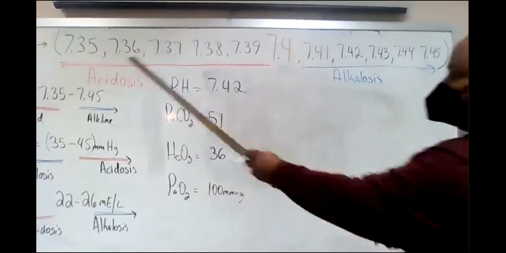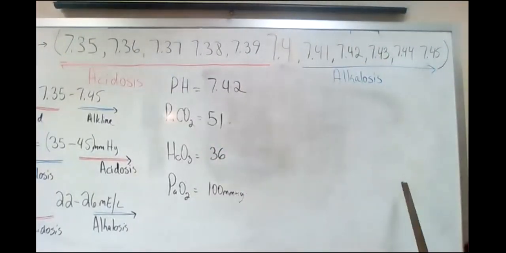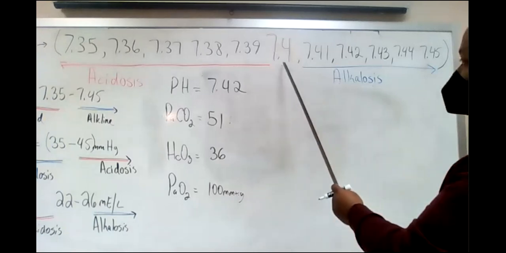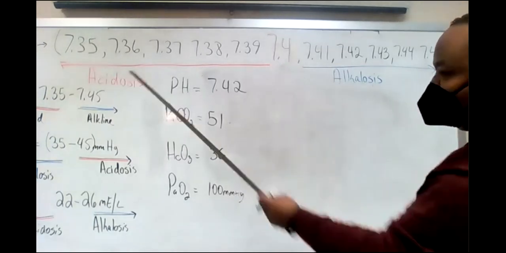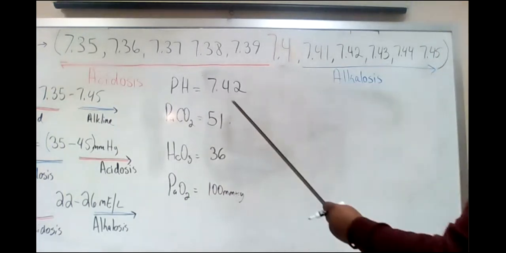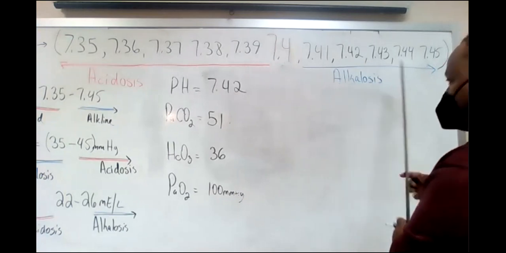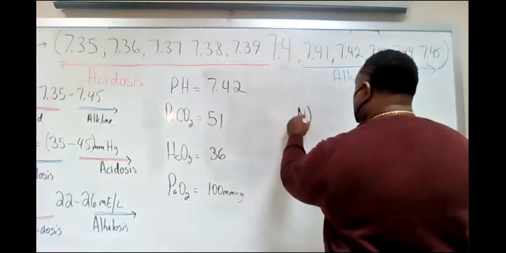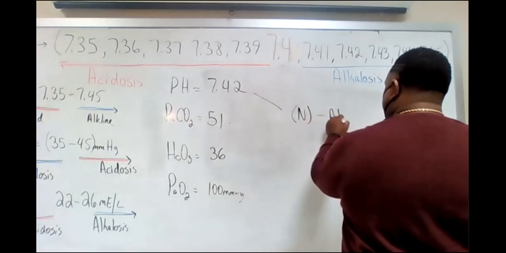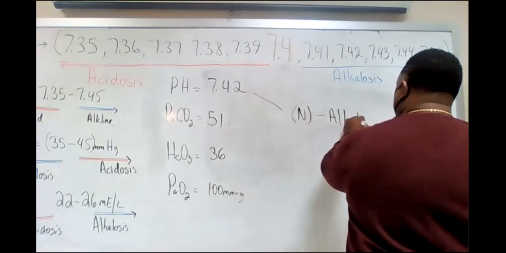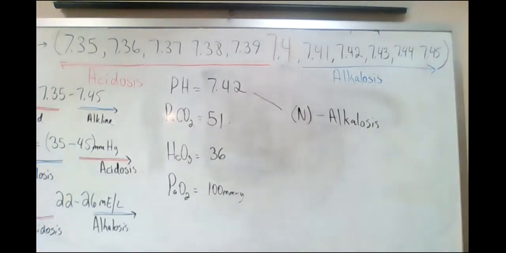From 7.35 all the way to 7.45 is normal range. But past 7.40 is leaning alkaline and less than 7.40 is leaning acid. So she is 7.42, and that's normal but leaning alkalosis, like you said. Excellent, Christian.